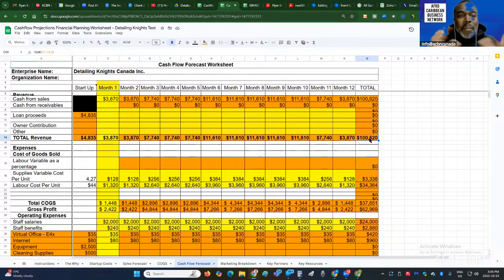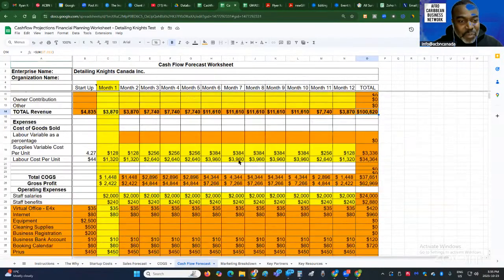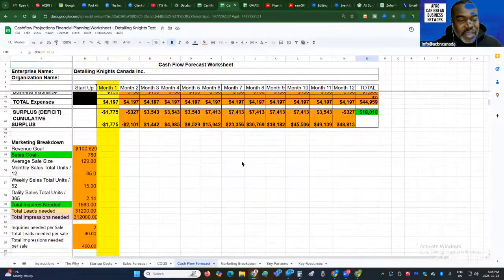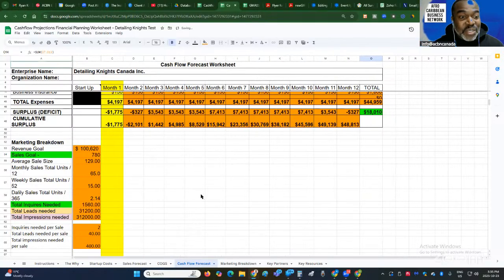And now the main question would be, how do we get to this 100,000? So projections is nice, but we need to turn it into action. So below, you'll see we've created a way to track what type of marketing effort is needed in order to hit those numbers.